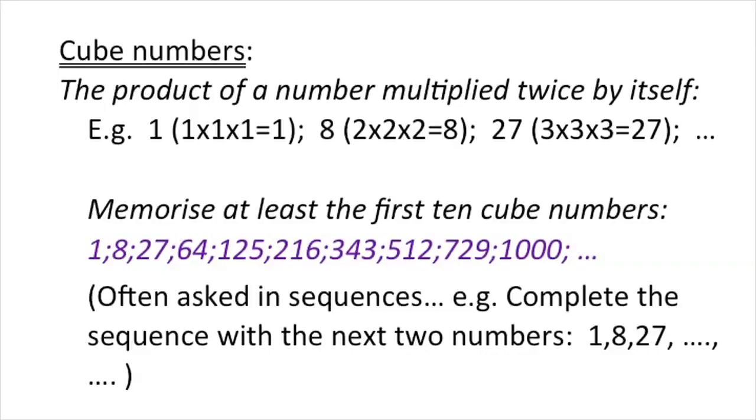Cube numbers are a number multiplied by itself 2 times. So 1 is again the first cube number, because 1 times 1 times 1 gives me 1. 2 times 2 times 2 gives me 8. 3 times 3 times 3 gives me 27. 4 times 4 times 4, 64.